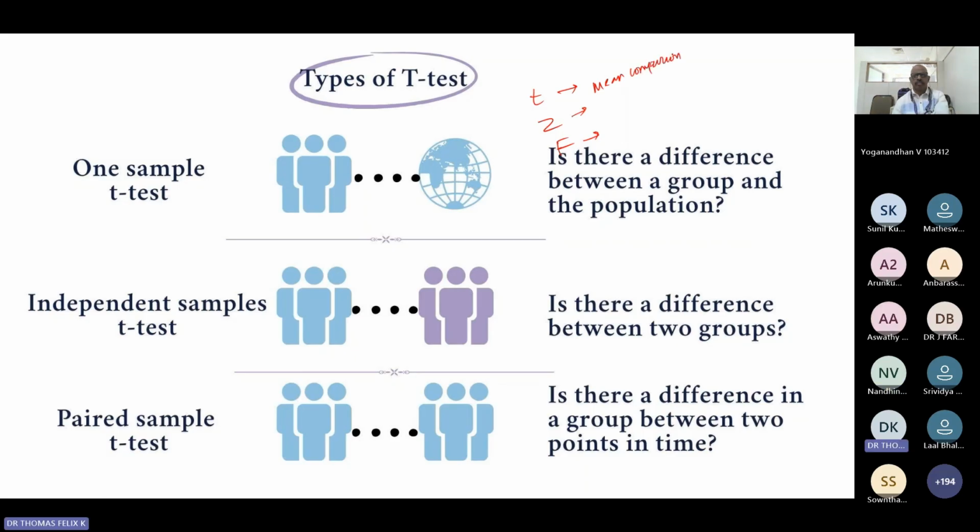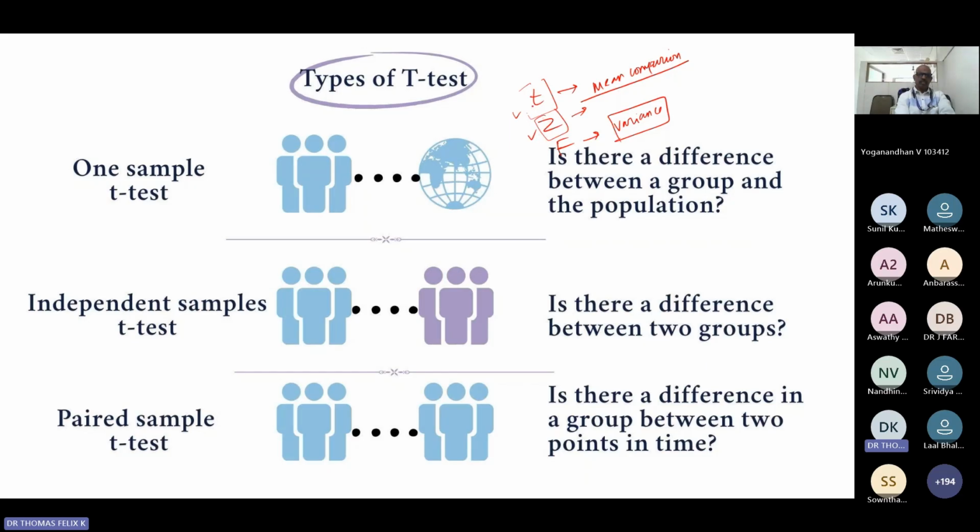If your objective is to compare the means, then you have to use the t-test or z-test. If your intention is to compare the variance, then you have to go for the f-test.